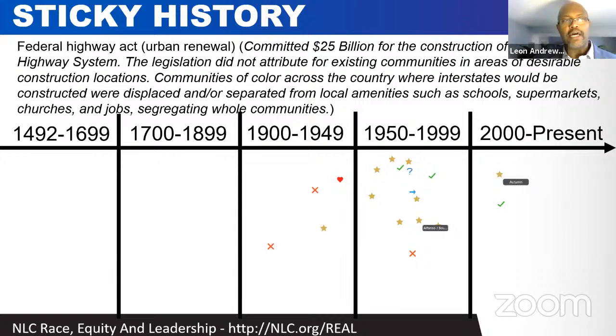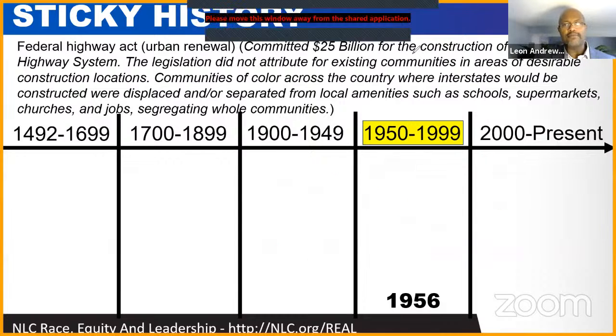For this one, you had a little more of a range in terms of when this happened. Looks like the majority were in the 1950 to 1999, and several of you in the 1900 to 1949. It actually was 1956, when the Federal Highway Act was created, a policy that affected a lot of communities of color. So again, that's another part of our history.